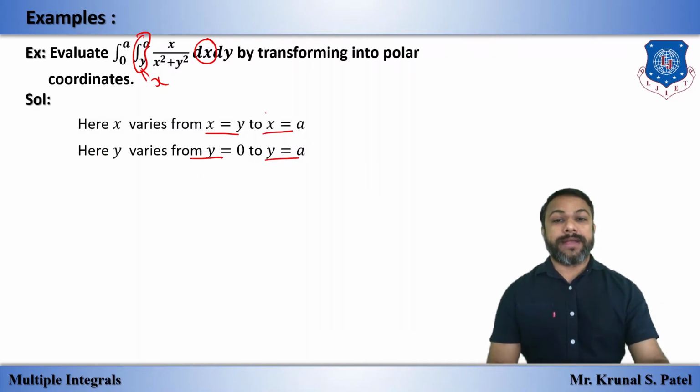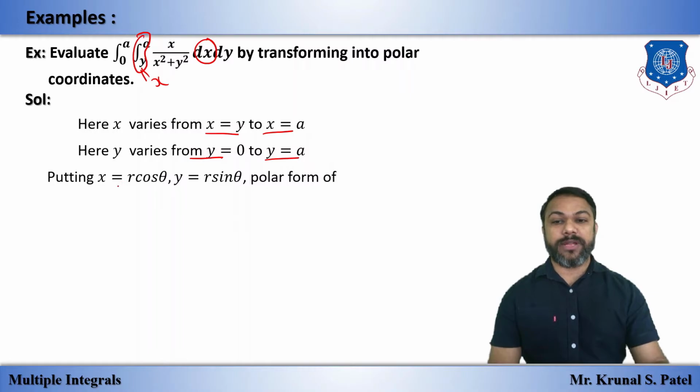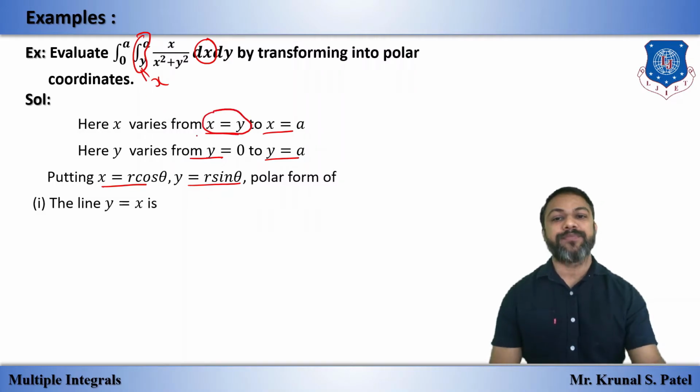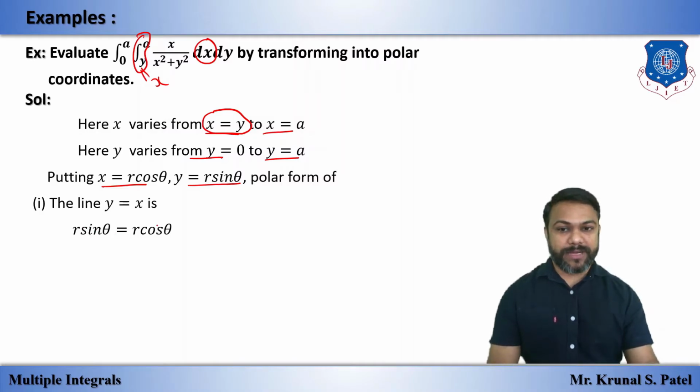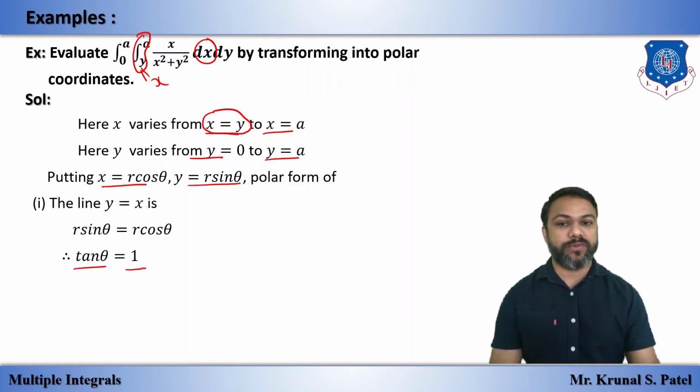So now we put x is equal to r cos theta and y is equal to r sin theta. The polar form of the line x is equal to y becomes r cos theta equals r sin theta. If we take it on the left hand side, r cancels out. So tan theta is equal to 1. So theta is equal to pi by 4, as I told.